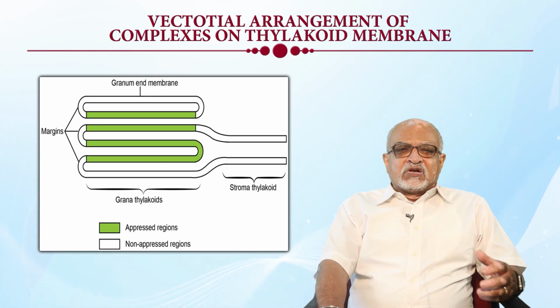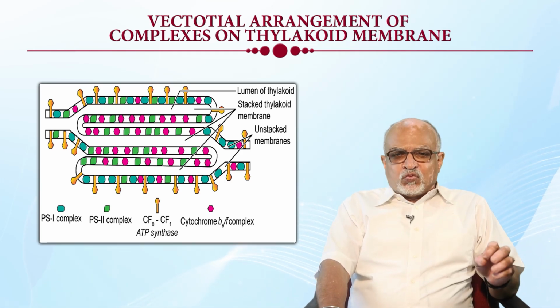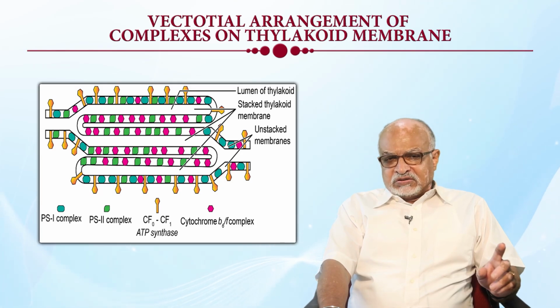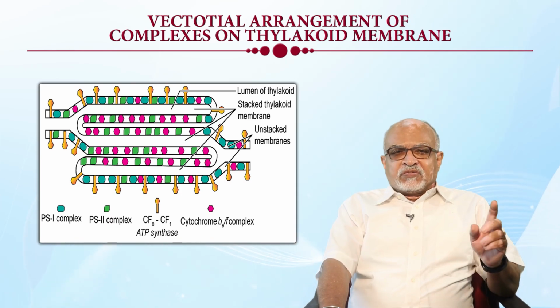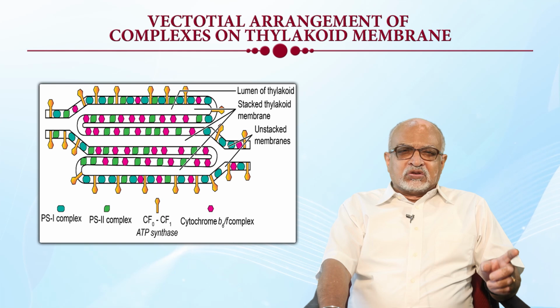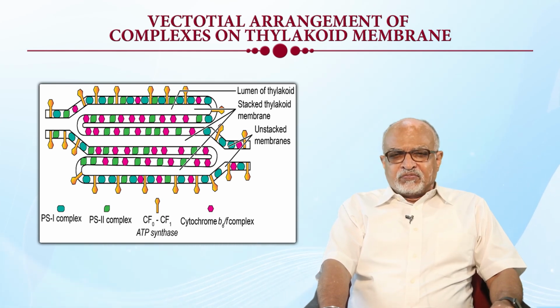of the granum. Now, if you look at the diagram very carefully, you would find that the PS1 complex, you remember learners, PS1 complex is the one where NADPH is going to be produced. They are present on the non-appressed ends mostly, along with the CF1, which is the ATP synthase enzyme.